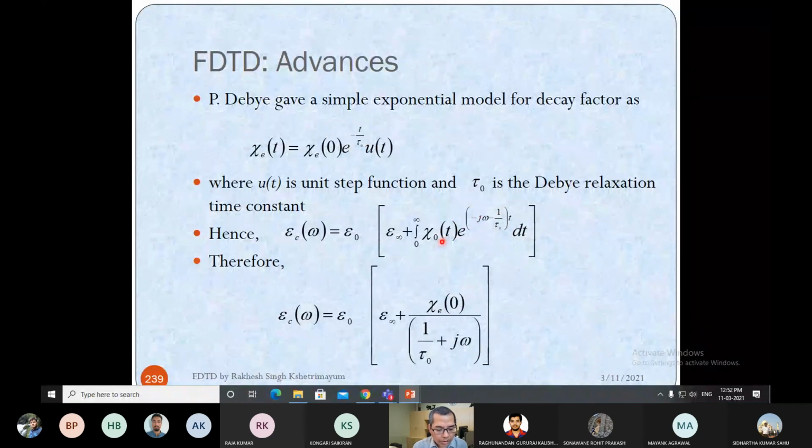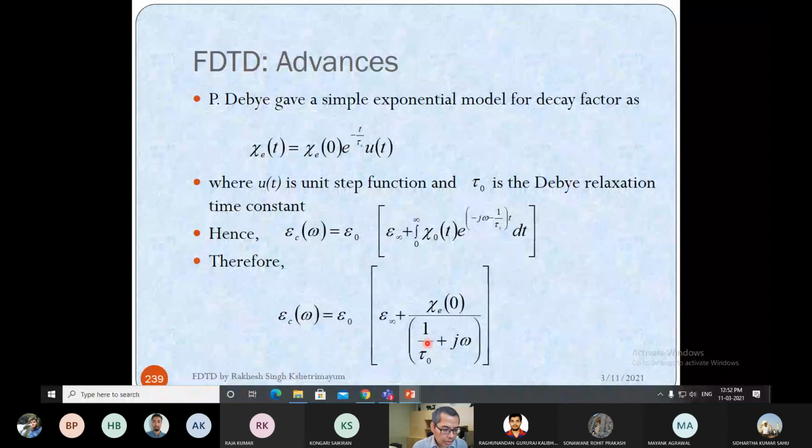Looking at this, you can do the integration. Chi naught 0, let's say, is a constant, and the integration is of an exponential function. What do you get? 1 by tau naught plus j omega. You do the exponential function integration, plug in the limits 0 to infinity, and you simply get this here.